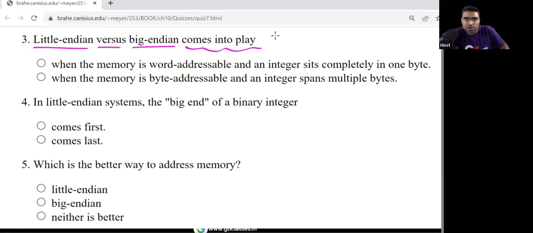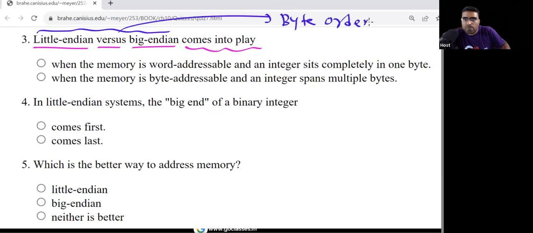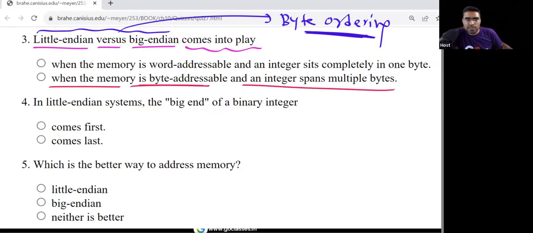This byte ordering comes into play when your memory is byte addressable and a word contains multiple bytes. Agree with me? So option B, yes or no?